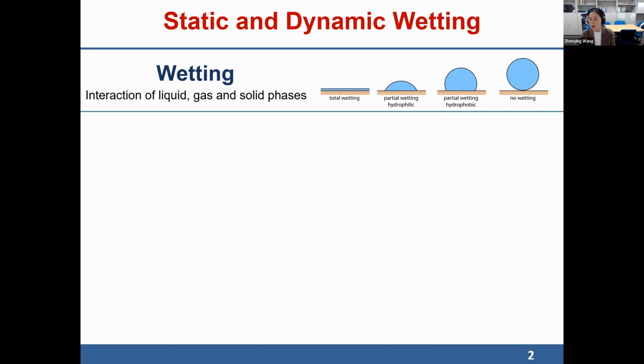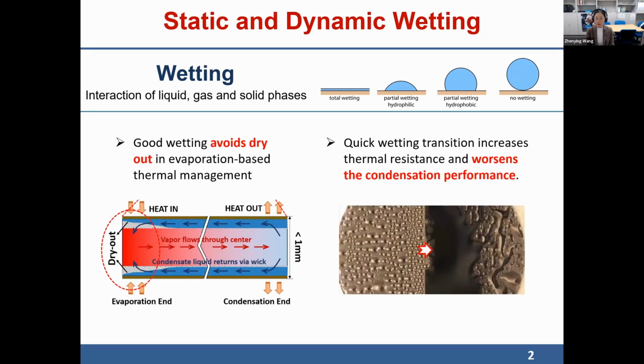So we can divide it into total wetting, partial wetting, hydrophobic partial wetting, or no wetting for a super hydrophobic substrate. What we care about in wetting is that we need to control the wetting condition for different application scenarios.